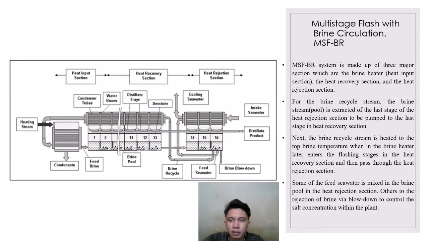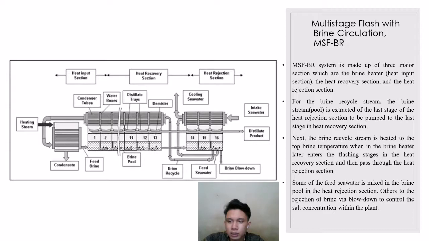MSF-BR is made out of three major sections, which are the heat input section, heat recovery section, and heat rejection section. For the brine recycle stream, the brine is extracted from the last stage of the heat rejection section to be pumped to the last stage in the heat recovery section. Next, the brine recycle stream is heated to the top brine temperature in the brine heater.